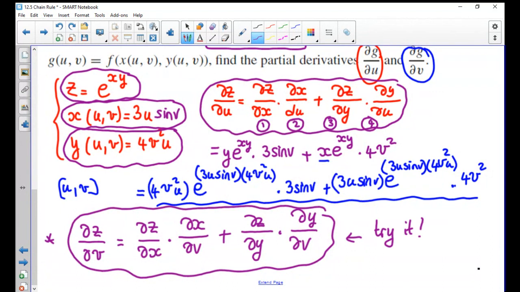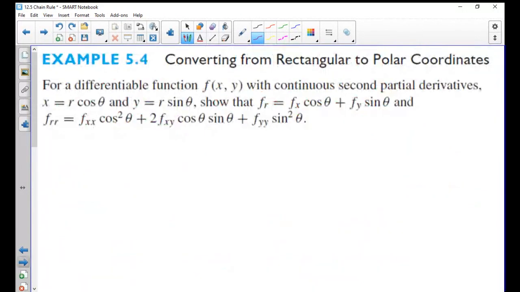Okay, I will not really insist too much on this chain rule. It's a really messy thing, but a few examples help. I will just do one more here. This time we have a function f of x, y, and x is a function of r and theta.